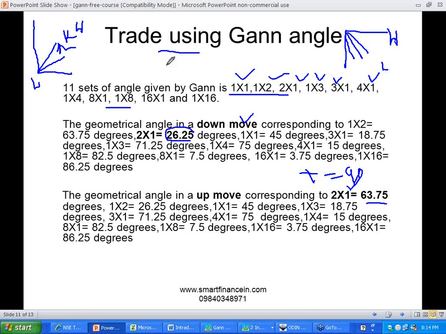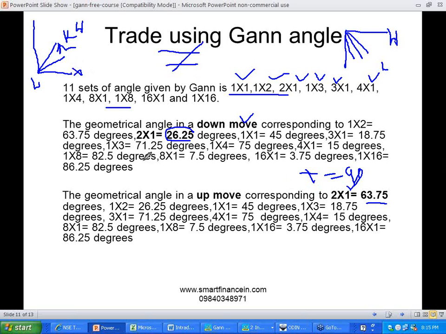If two lines are parallel and one line is intersecting them, then the sum of opposite angles will be 90 degrees. That is the logic behind the 2 by 1 down move and 2 by 1 up move, and the parallel line is nothing but your x-axis.